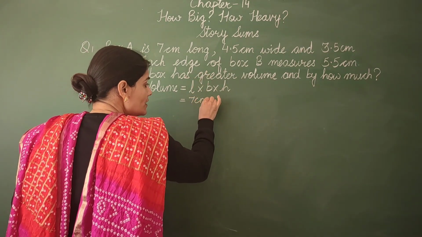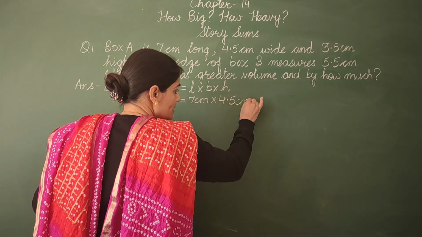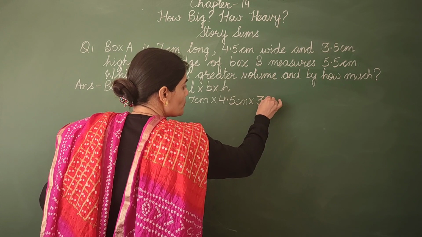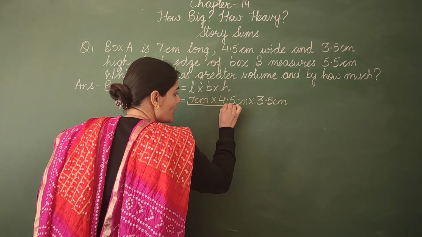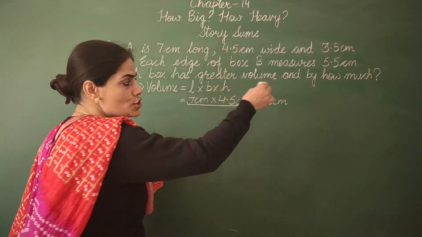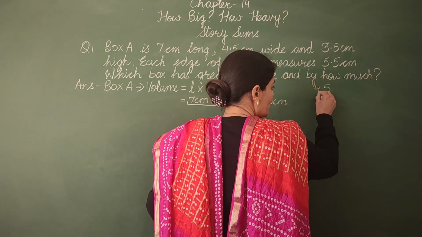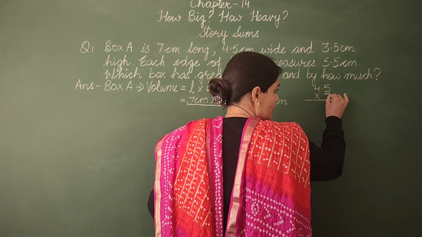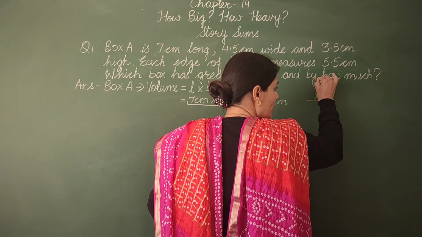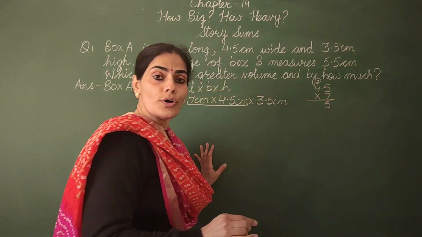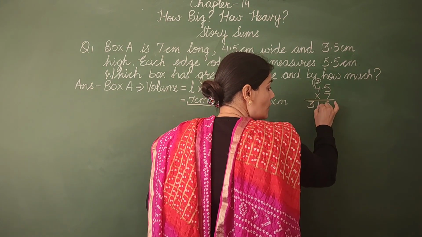Length is 7 cm, breadth is 4.5 cm and height is 3.5 cm. I begin by multiplying the first two dimensions and I show the working on the side. It is 4.5 multiplied by 7. 7 times 5 is 35, 5 I write and 3 I carry. 7 times 4 is 28, 28 plus 3 makes it 31.